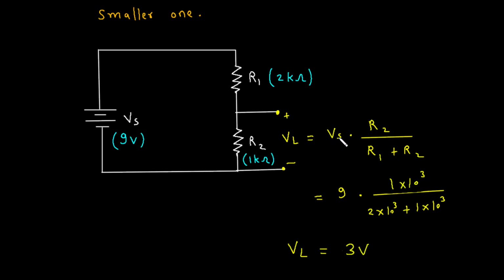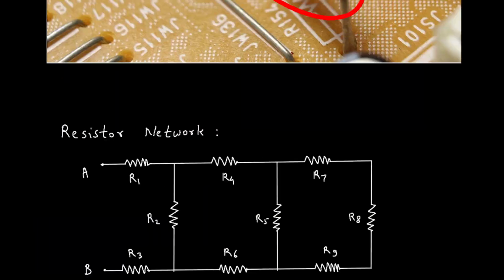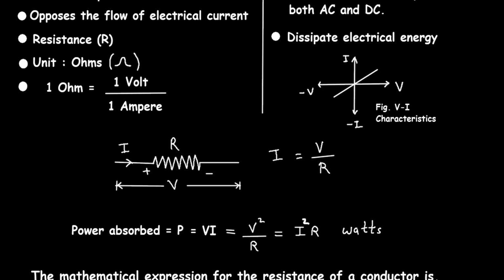Now according to the voltage division rule, this is the formula: VL, that is load voltage, is equal to VS, source voltage, into R2 divided by R1 plus R2. If we solve this, we get VL is equal to 3 volt. So by using a voltage divider, we can get the smaller voltage. So this is about resistor.